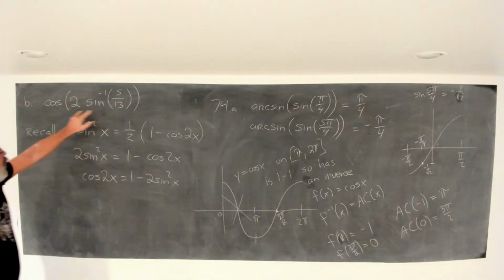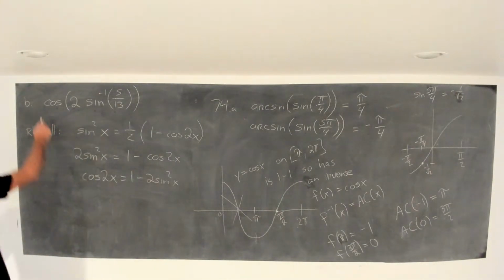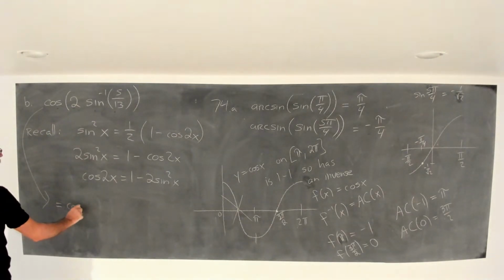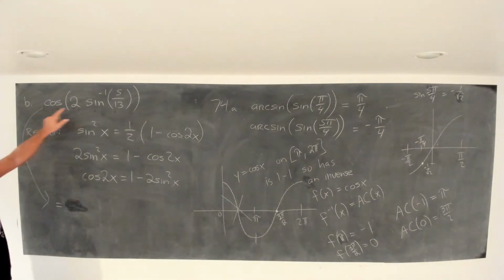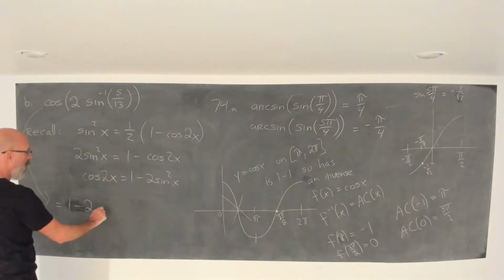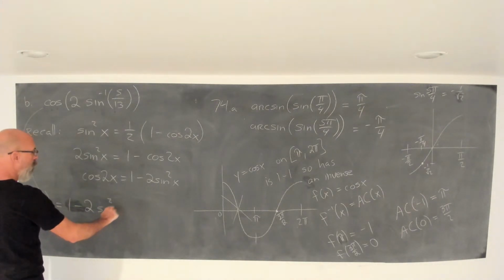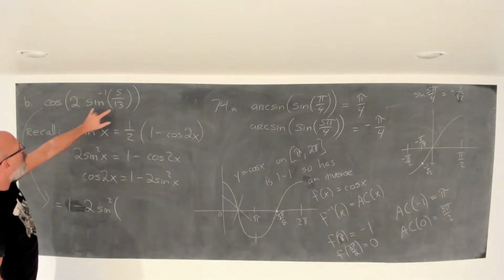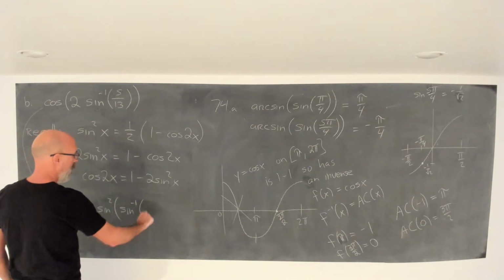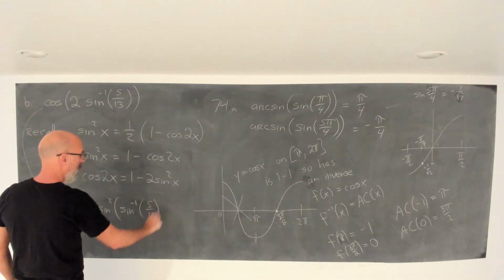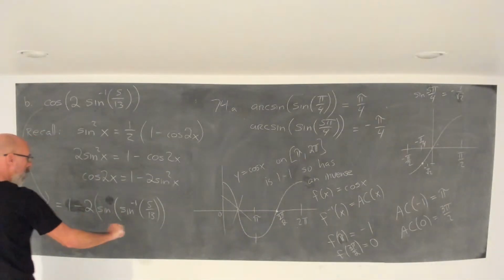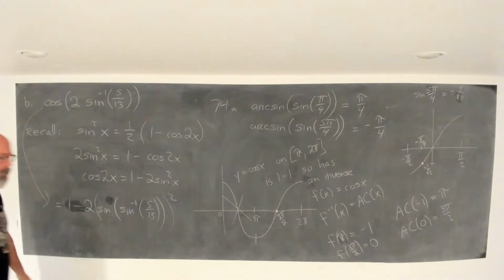So cos 2x is equal to 1 minus 2 sine squared of this business, or let me rewrite sine squared this way.